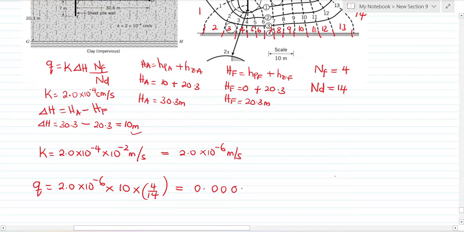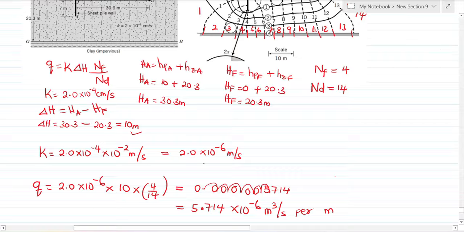0.0000055714. I can rewrite this, 1, 2, 3, 4, 5, 6, so I can have 5.714 by 10 to the power negative 6 meter cube per second per meter, because we are finding the discharge per unit width, right?